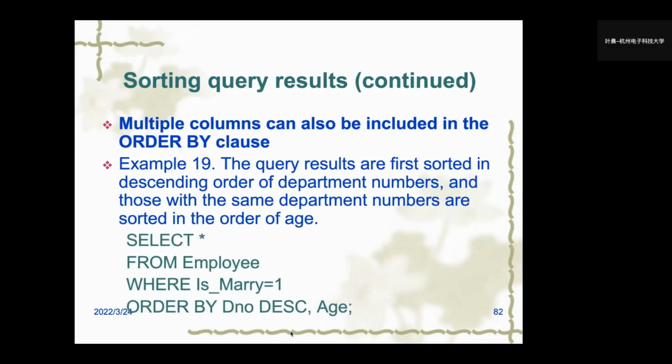So for this example query, we can use SELECT * FROM employee table WHERE sex is 'Mary', and ORDER BY DNO DESC, which means descending order, and age.